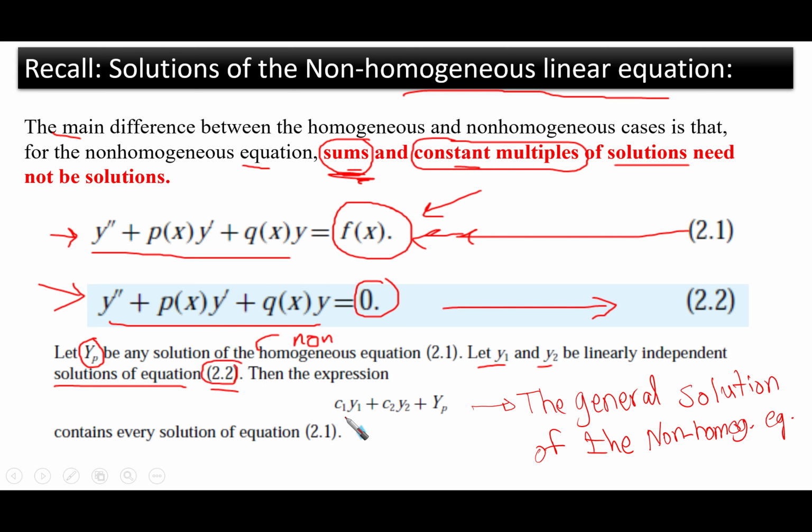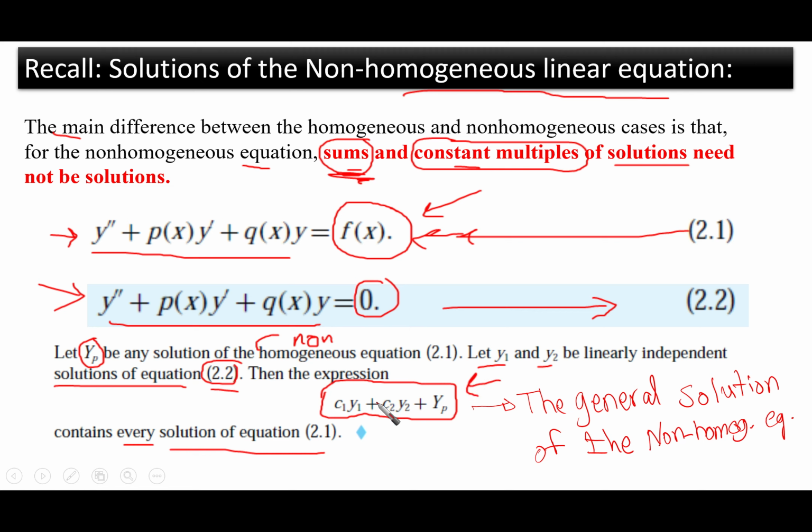Then the expression c1y1 plus c2y2 plus yp is going to be the general solution of the non-homogeneous equation. And the general solution means that it contains every solution of the non-homogeneous equation. So this is something we want to keep in mind: what is the major difference between homogeneous and non-homogeneous, and what is the form of the general solution?